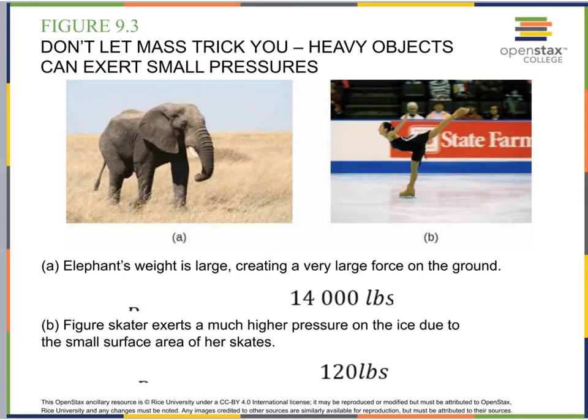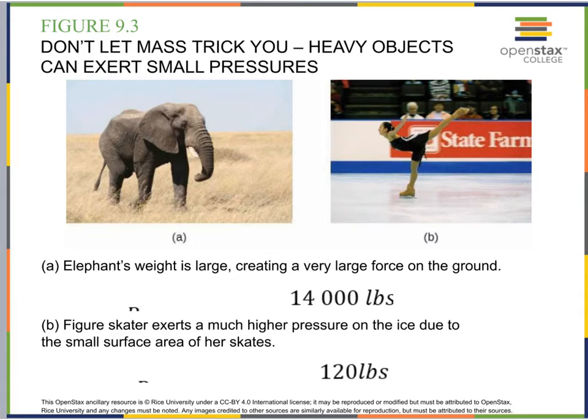So if you look at something like this, right, and you say, well, an elephant or a figure skater, which one is exerting more pressure? The elephant's 14,000 pounds, the figure skater only 120. Sorry, this didn't convert well.